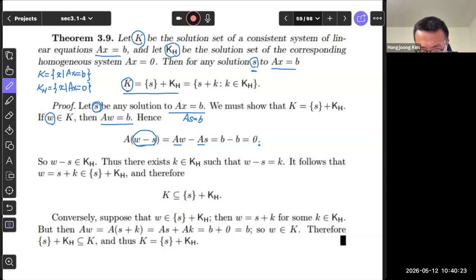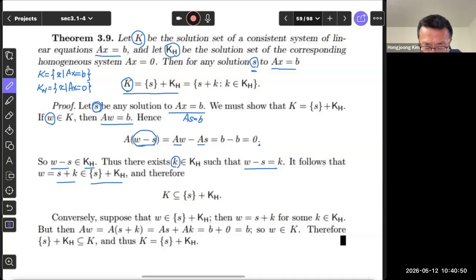So W minus S is contained in K sub H. So there exists a certain K which is just W minus S. That means W will be S plus K, so it is included in this set.